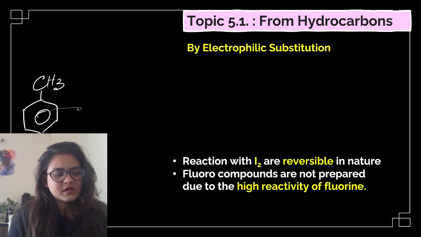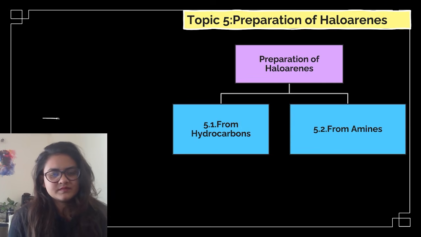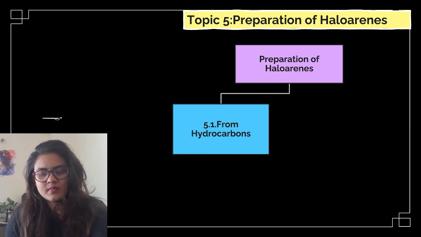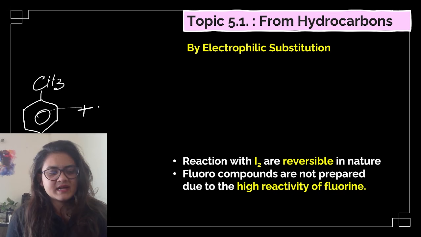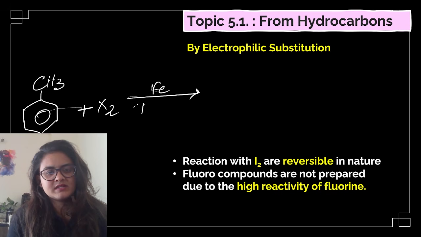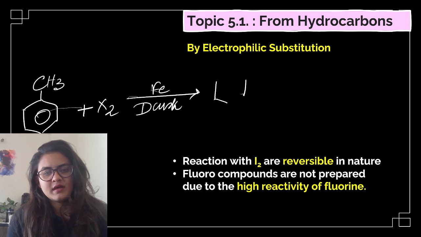Along with that, let's add some X2, and I'm giving iron, keeping it in dark condition. I will end up with ortho and para substituted toluene.